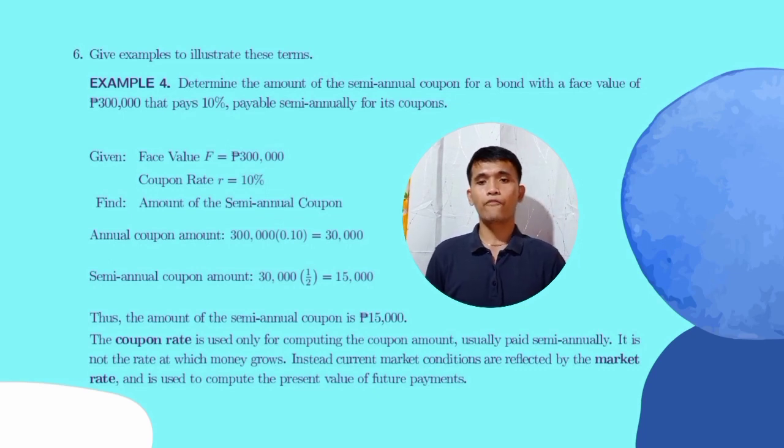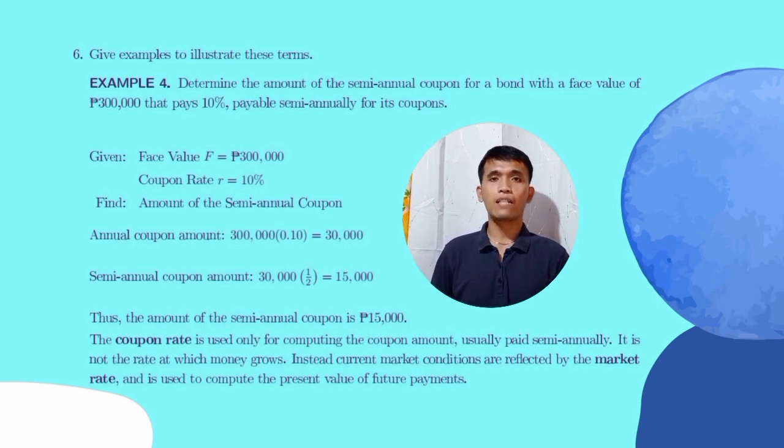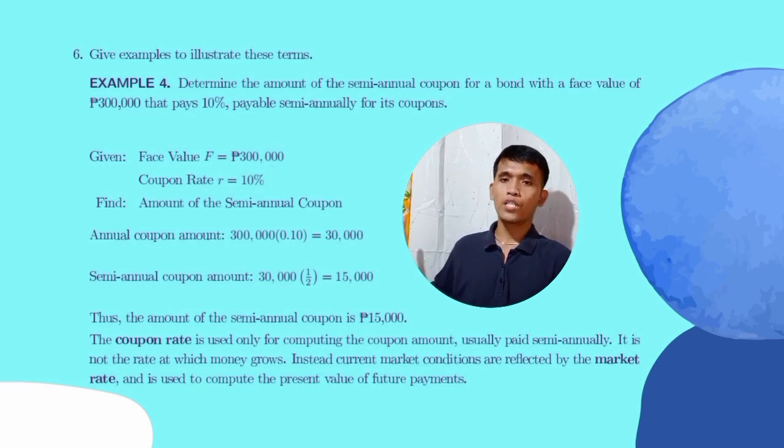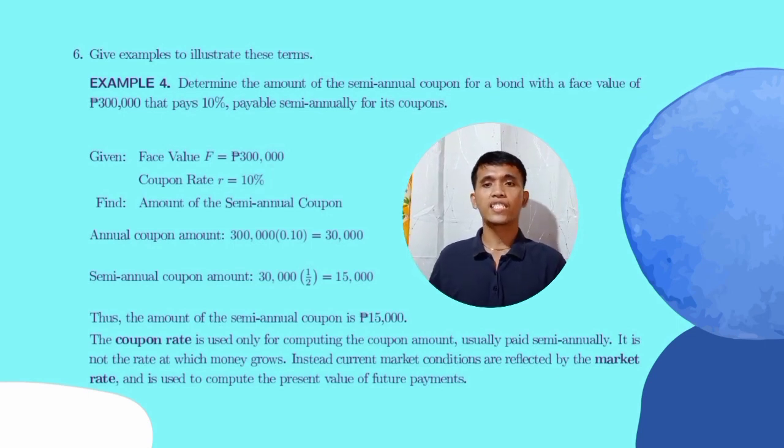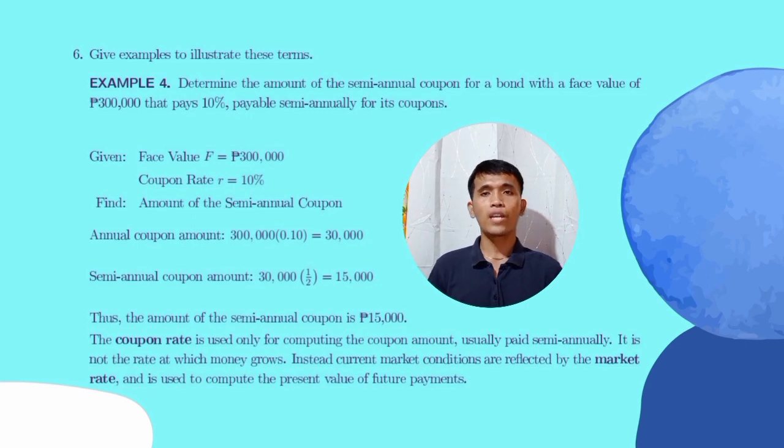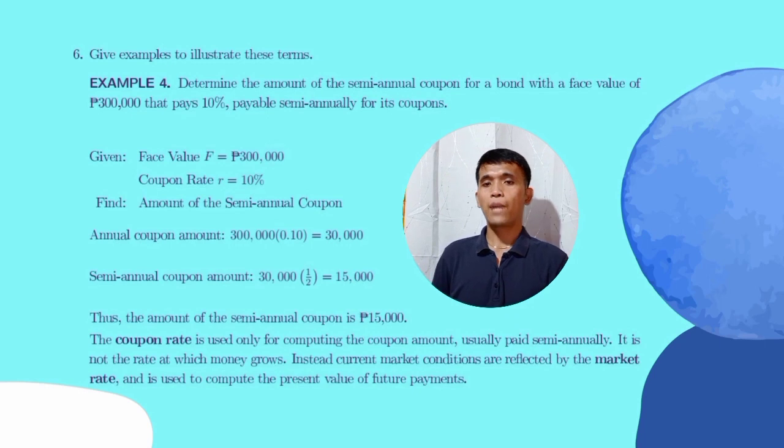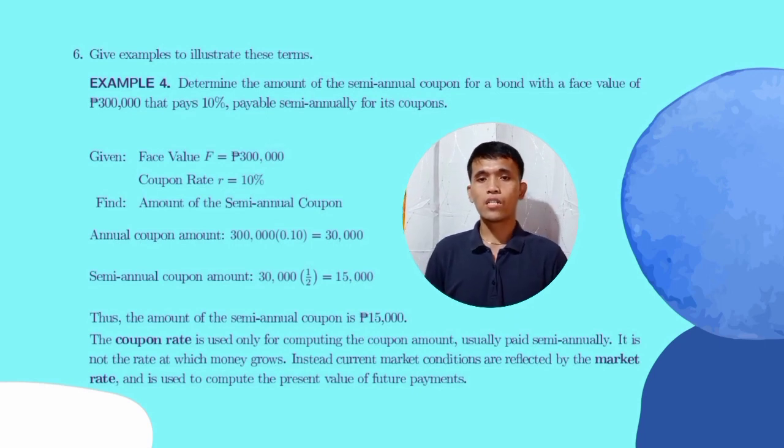Example number 4. Determine the amount of the semi-annual coupon for a bond with a face value of 300,000 pesos that pays 10% payable semi-annually for its coupons. Given, we have a face value of 300,000 pesos and a coupon rate of 10%. Let's find the amount of the semi-annual coupon.